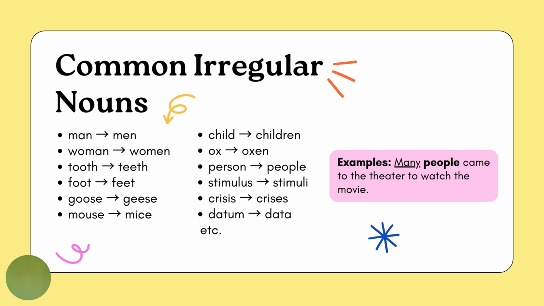Okay, so yeah, in speaking, perhaps it is still acceptable to say two persons, but in writing, use people. Okay, two people. Stimulus, stimuli, crisis, datum, data, criterion, criteria. Okay. There are a lot of things.